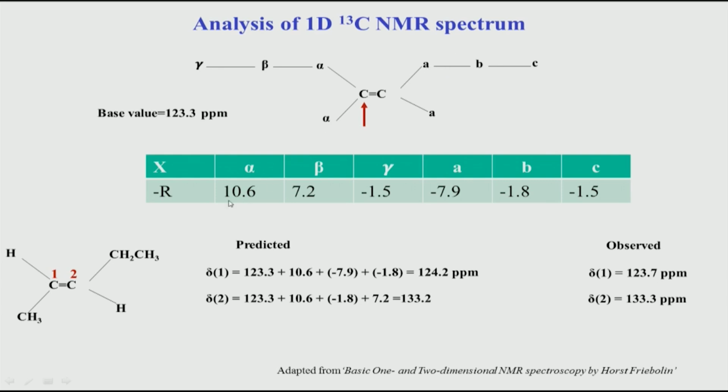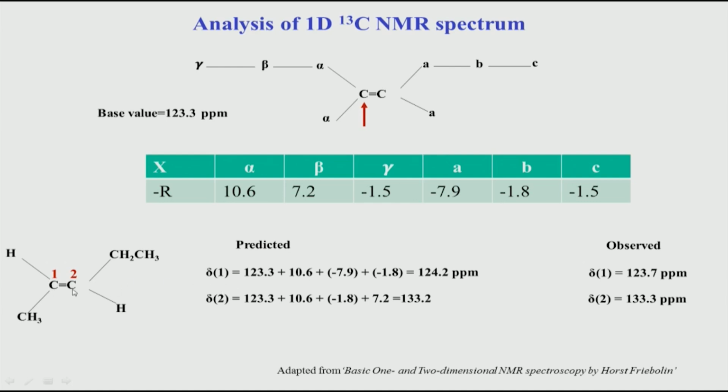Our A is CH2, B is CH3 and this alpha is CH3. If you use all these values, you can do the prediction. For this carbon it will be the base value plus the different contributions coming from this table. If you do this math you will get this value for this chemical shift, which is 1.